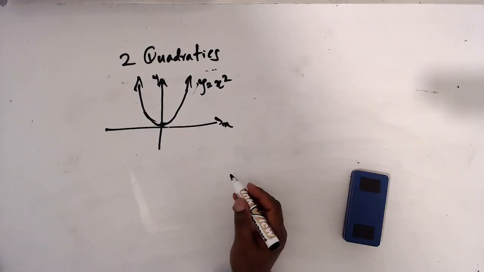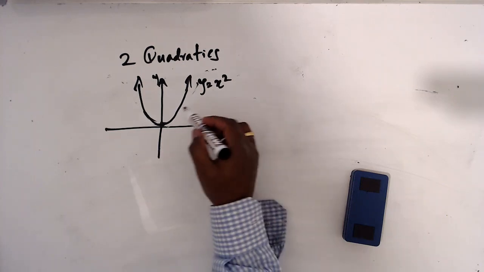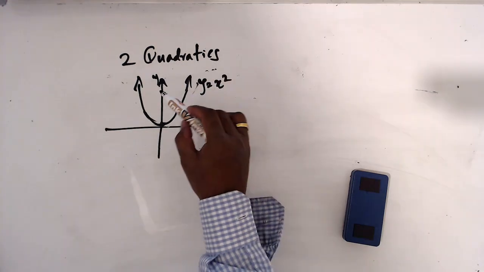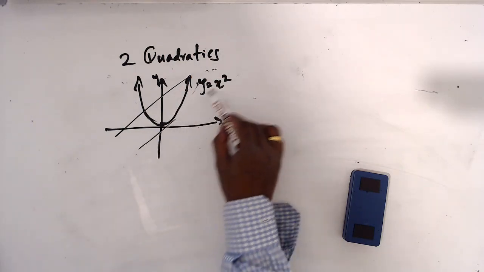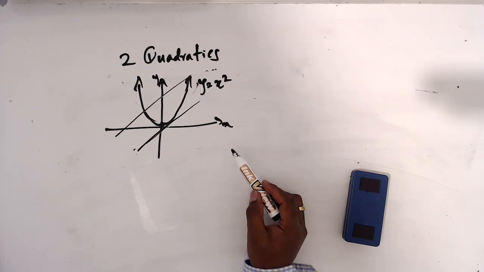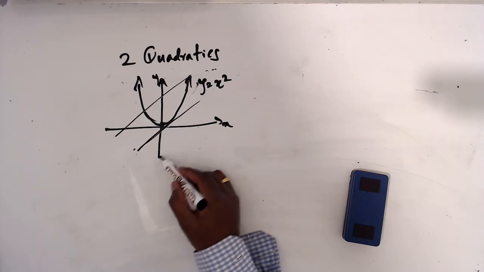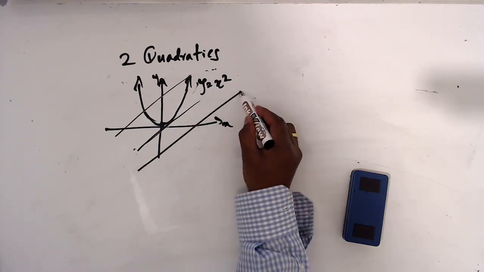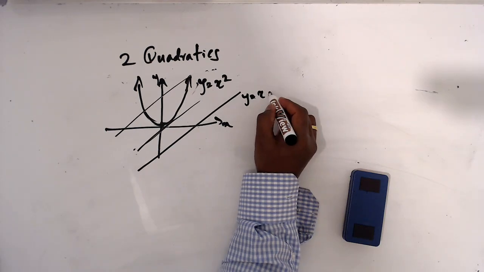Let's discuss another question. So this is y equals x squared, and we discussed the tangent to the graph, and what will happen if we have this kind of line. Let me say, this is y equals x minus 1.